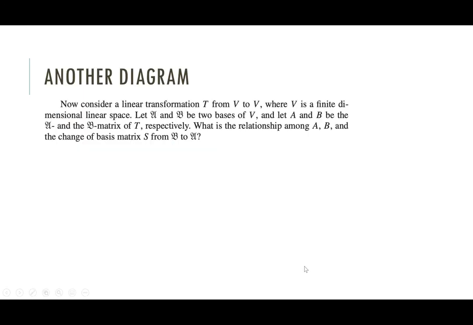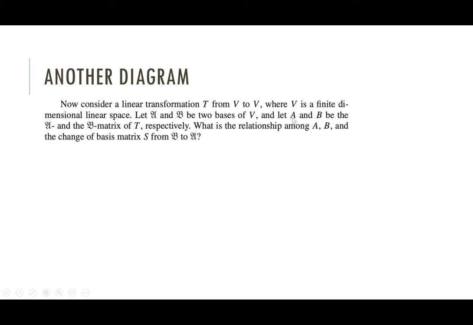Okay, let's end on one final note. Let's now consider a linear transformation from some abstract vector space to itself, where this abstract vector space is finite dimensional. And now let's have two different bases of this space.